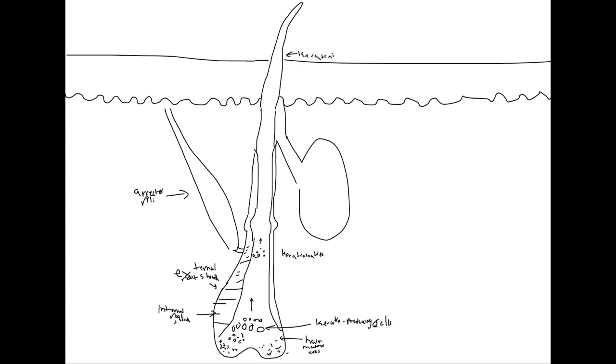If you've watched the past videos on the epidermis, then you know what that means. If not, go back to that video. So these are going to move up and be keratinized as they go up.